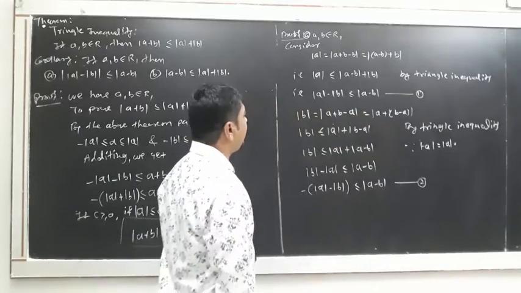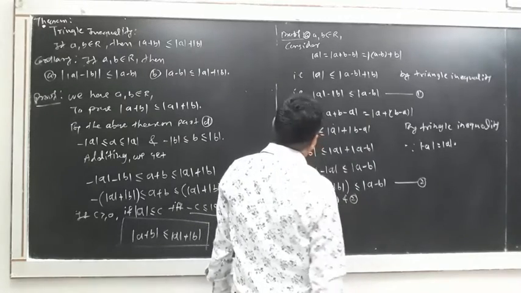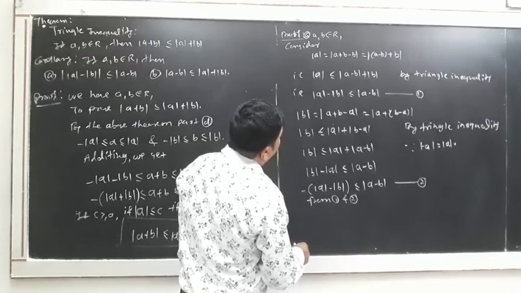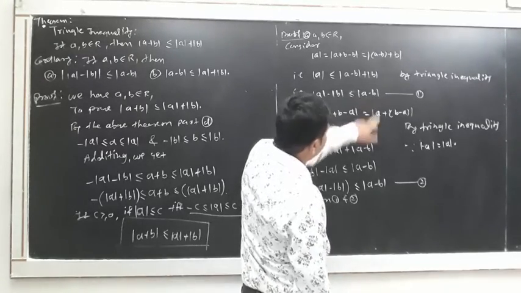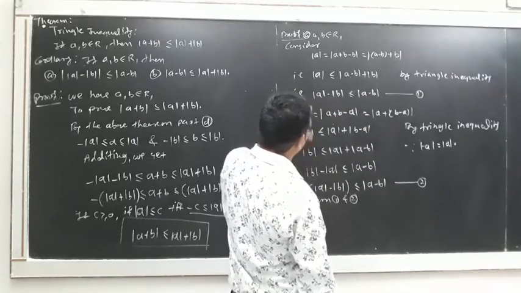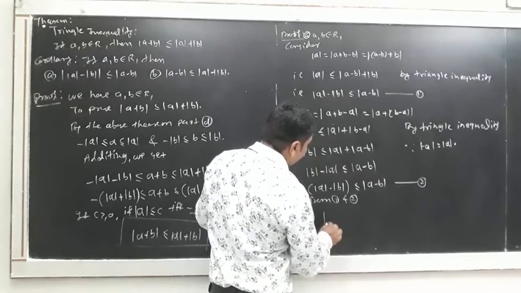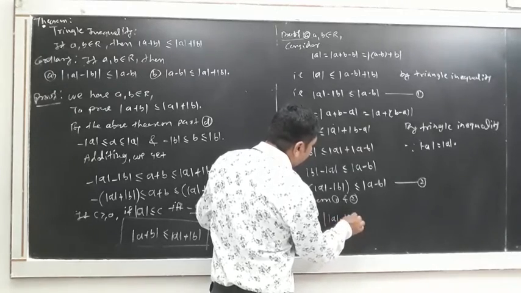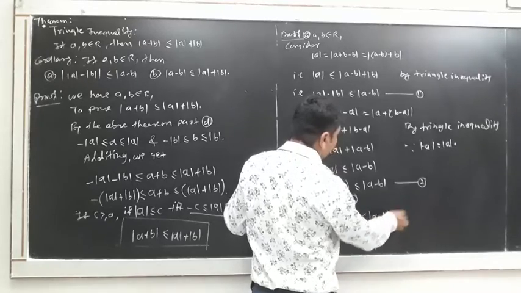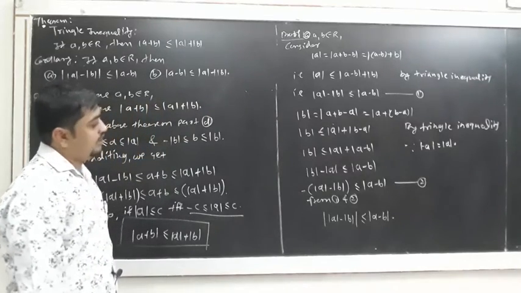Therefore from the first and second, |a - b| must be greater than or equal to both, and by using the above properties we get ||a| - |b|| is less than or equal to |a - b|, by the above theorem or properties.